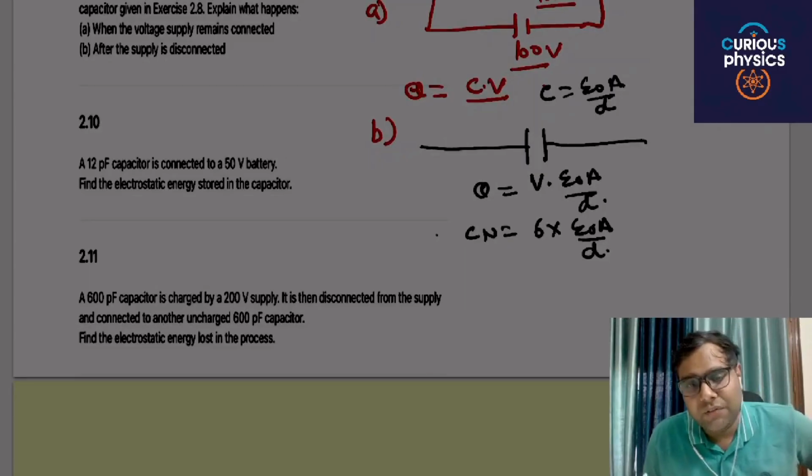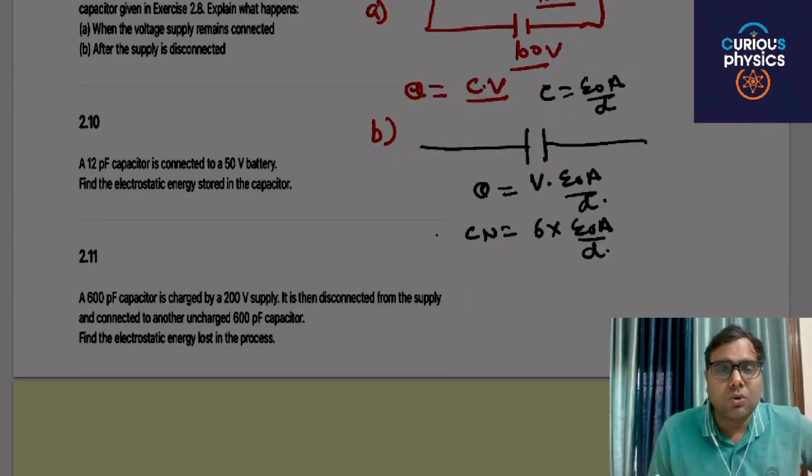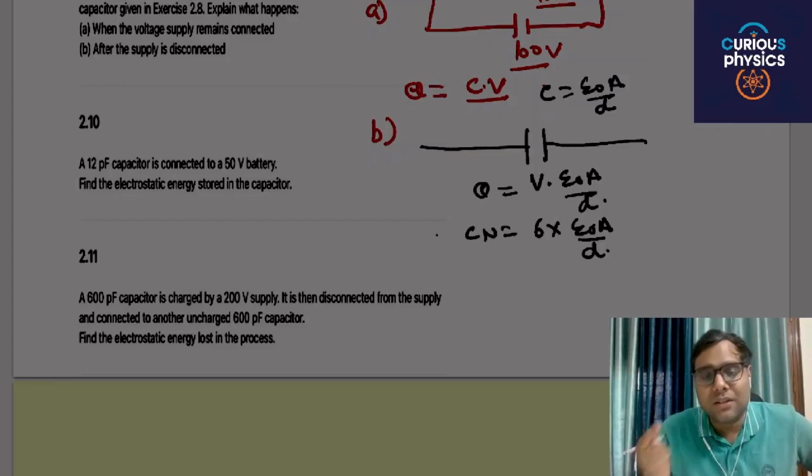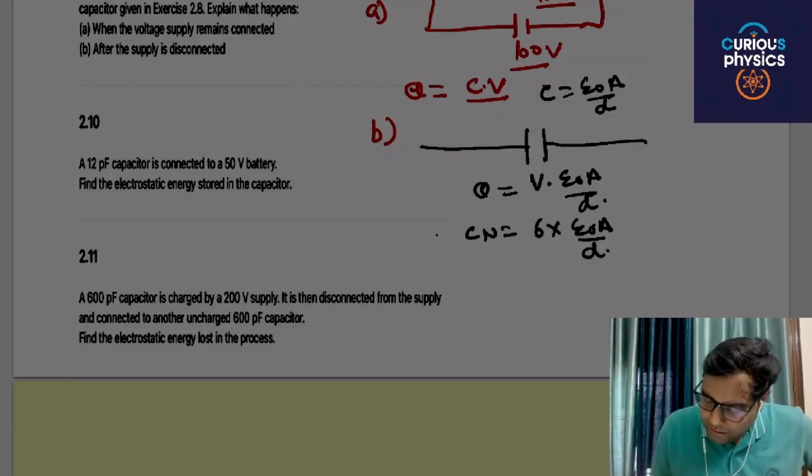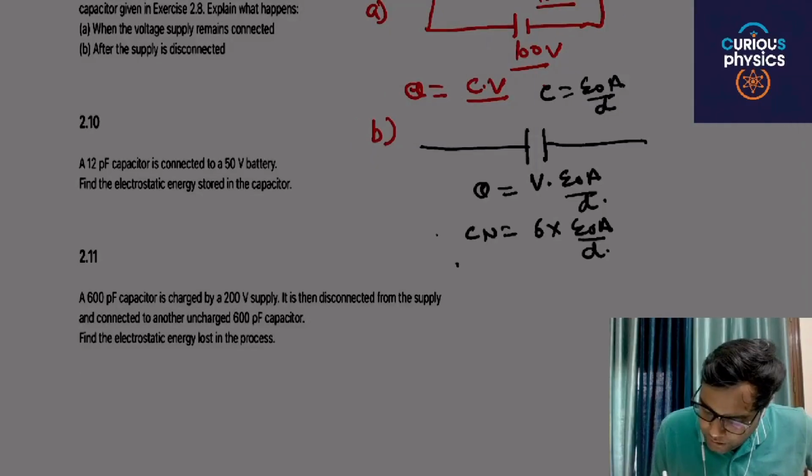Then the potential will change, because if there is no battery or no connections, the charge has to remain on the capacitor. The new potential will be Q by C new.